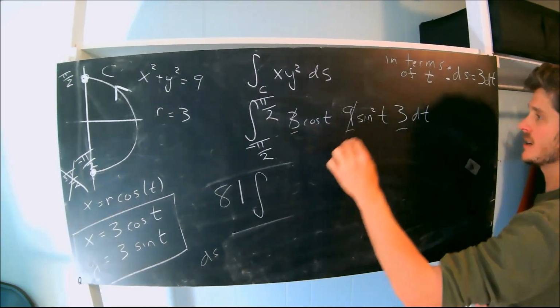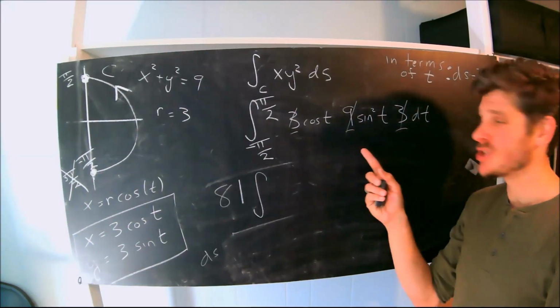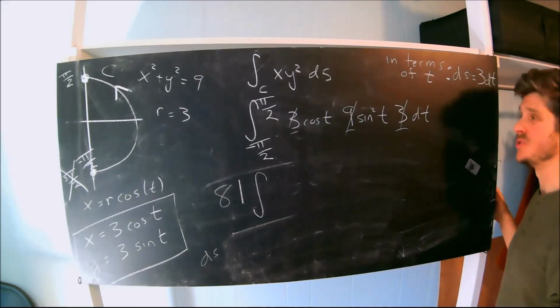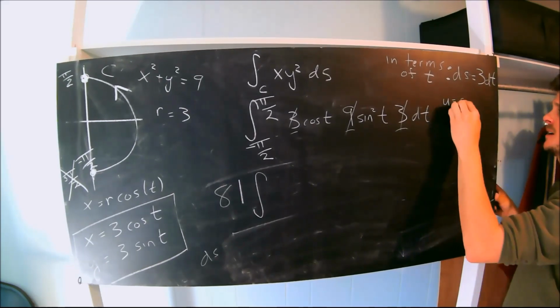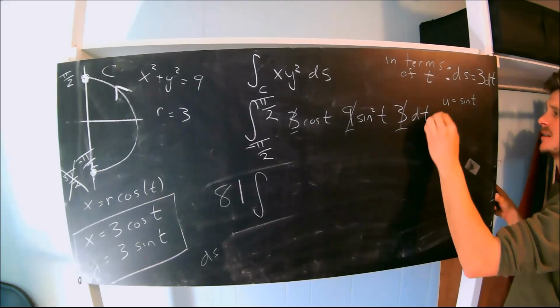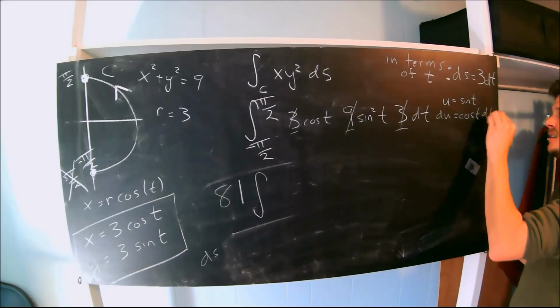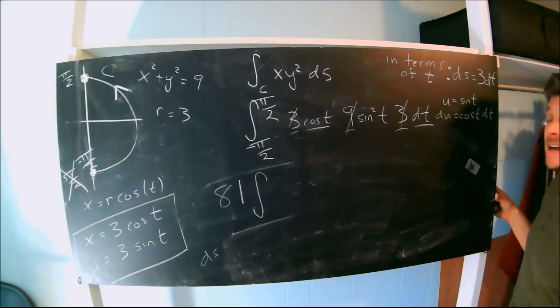Integrating. Again, I have a cosine, I have a sine squared. How am I going to actually integrate this? Well, let's do u sub. My u is going to be sine t. So du is cosine t dt, and boom, that'll be a real nice substitution right there.